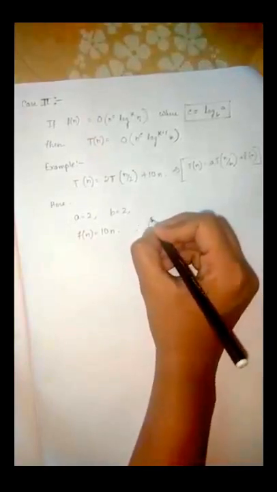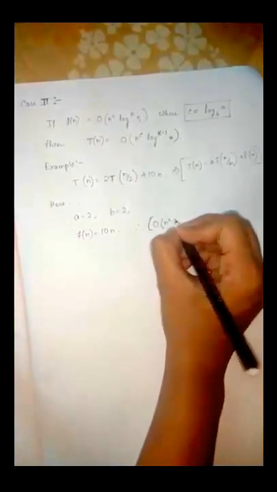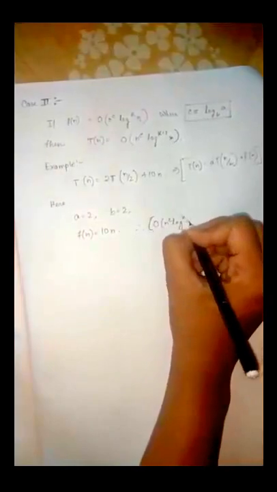So it means big O of n to the power c log to the power k of n is equal to 10n.